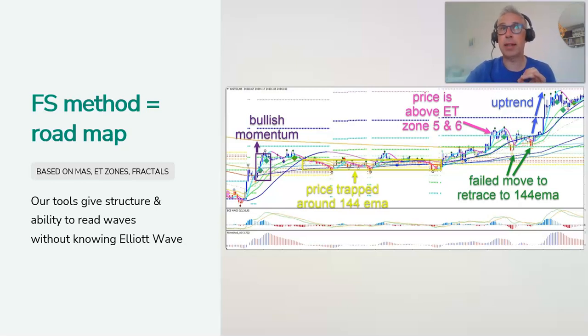It doesn't mean that if you like counting waves that you have to stop with that. That's not necessarily so. But for those that don't like waves, I think moving averages give structure and the ability to read waves to a good degree without necessarily knowing the exact Elliott wave count.